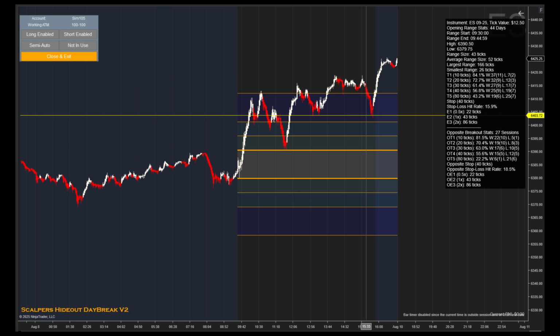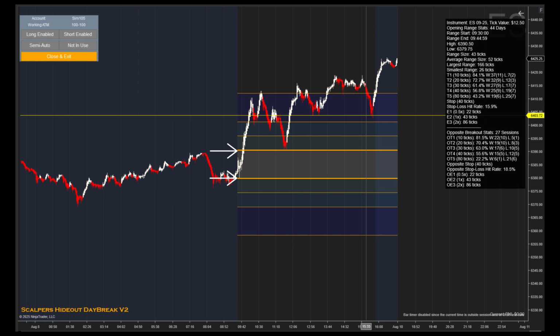Let's take a look at the actual range that this indicator draws. These large, thick orange lines are the actual opening range. The sections that you see above and below it are divisions. We call them extensions.